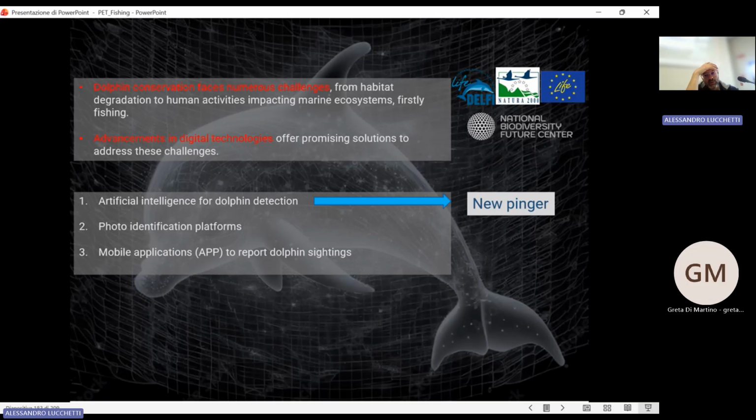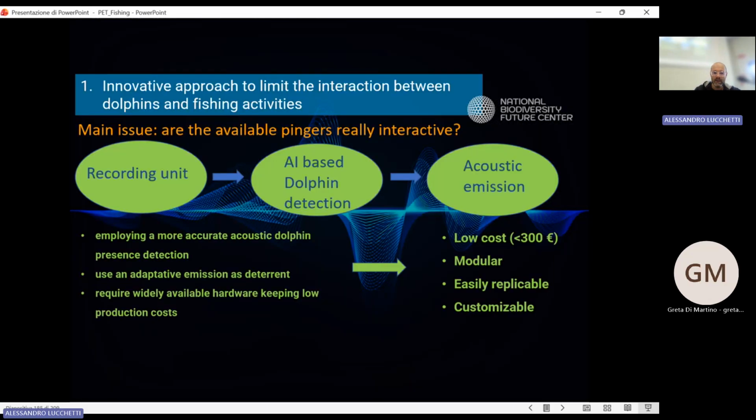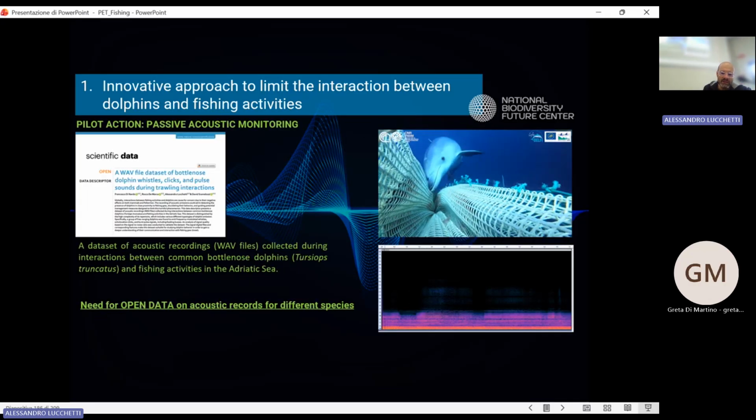Now we have the first prototypes, and in the next project, we will develop it until the commercial market. This is how it works: there is a recording unit and an artificial intelligence that recognizes the dolphin presence and triggers the emission.